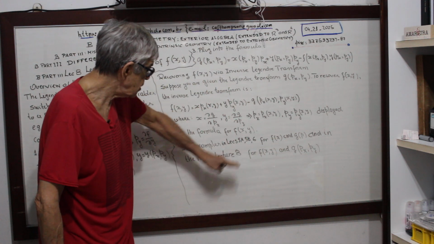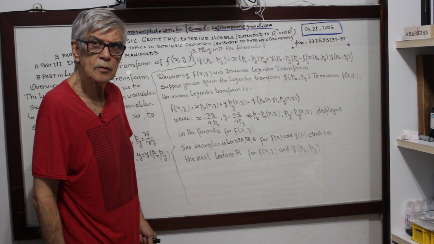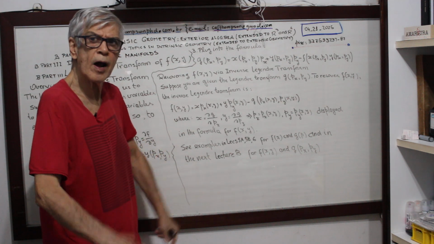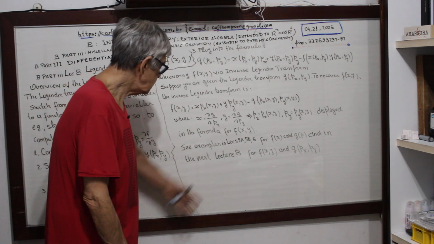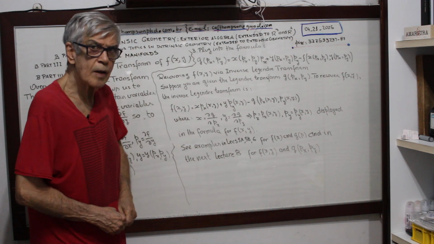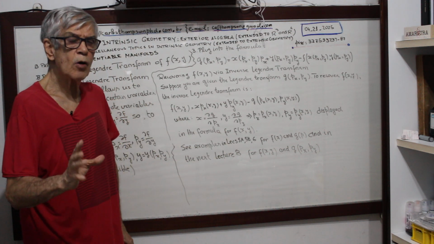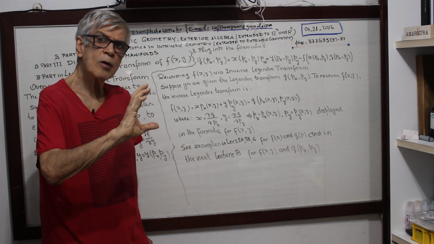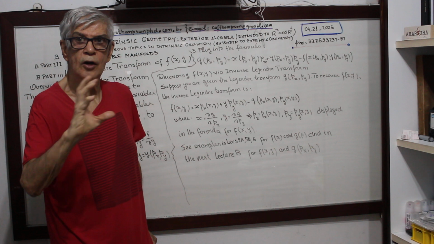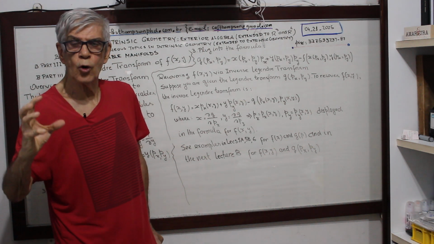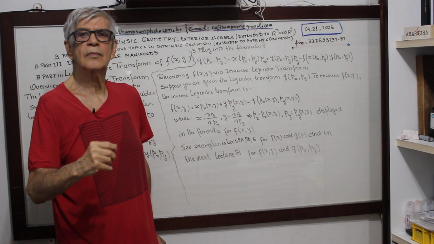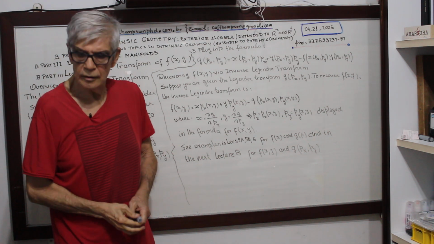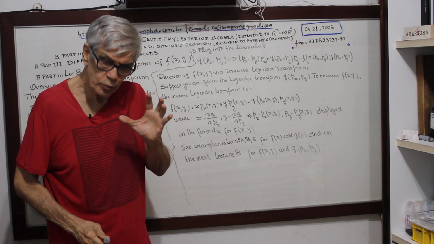I'll present here an example just to clarify all this concept. And don't forget, our objective is the Lagrange transform applied to the Lagrangian to obtain the Hamiltonian, and then relate it to the Lie bracket. You see, that's our objective here.